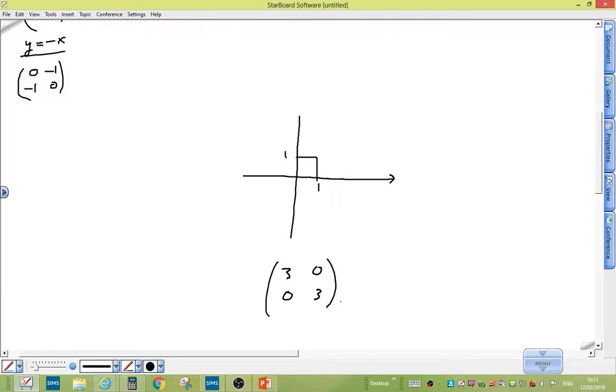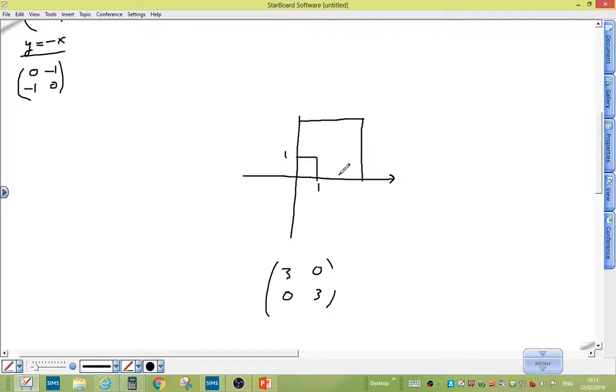We all know the effect of that, do you agree? It's going to make it 3 times bigger. Now if you didn't know that, you times it by this here, which is 1, 0, and the coordinates here is 0, 1. Okay, and you can see that's why it gives you the 3, 0. Happy with that? So we know those are the coordinates where it's going to end up. Right, so it's over here and up there.